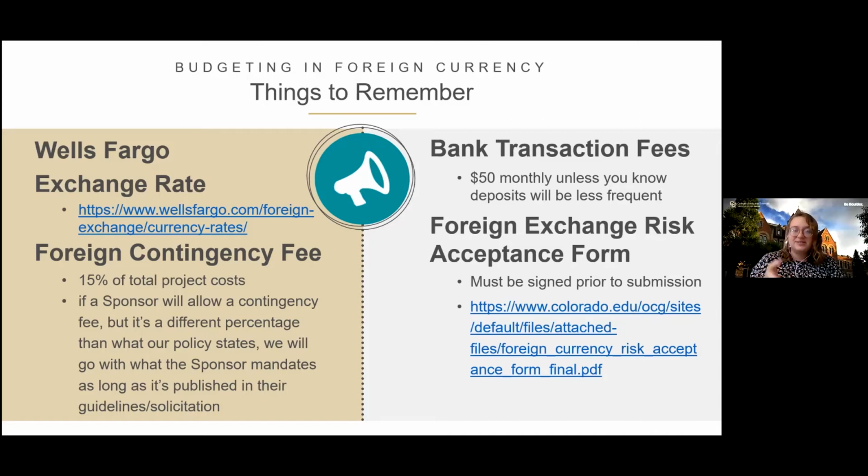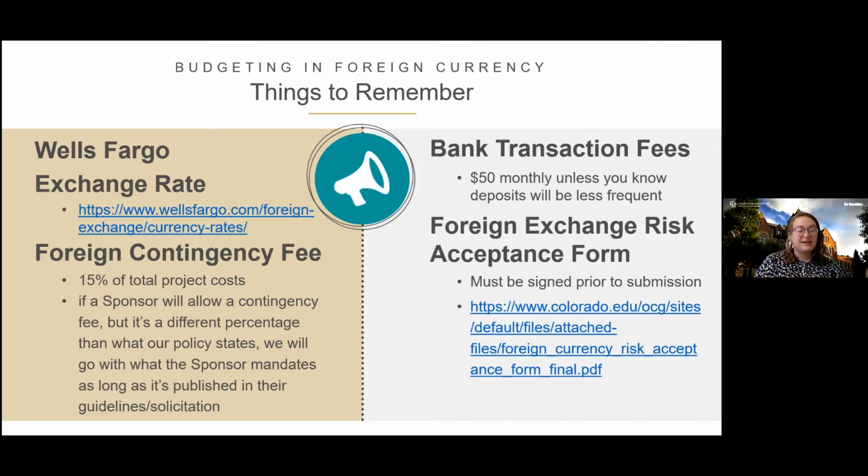The last thing that you need before we can submit a budget in foreign currency is the foreign exchange risk acceptance form. Another mouthful. This has to be signed off by chair or equivalent to ensure that the correct administrative personnel are aware that we're taking on a project that will not be paid in US dollars.